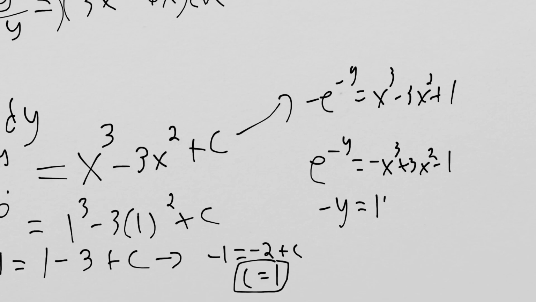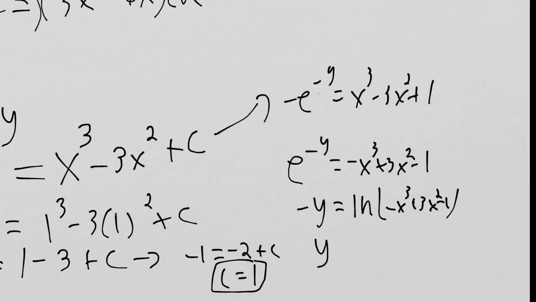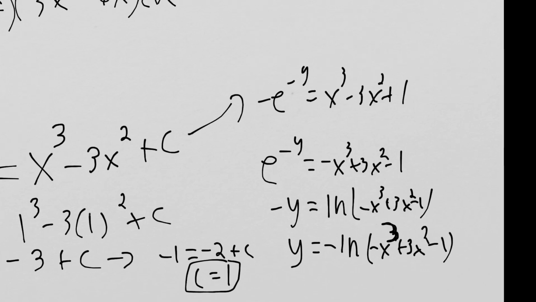On the right, we have the natural log of negative x cubed plus 3x squared minus 1. The last step is to multiply by a negative on both sides to make this positive y. So y equals negative the natural log of negative x cubed plus 3x squared minus 1. Okay, that's it.